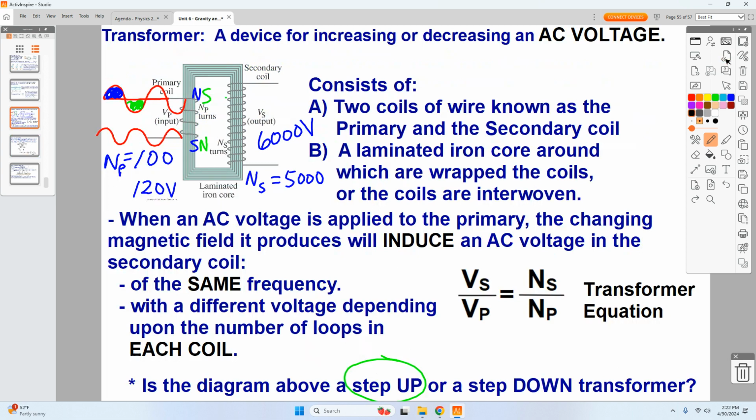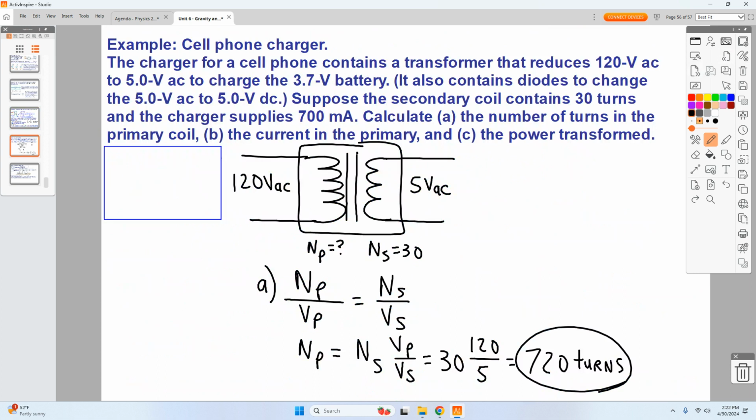Could I rearrange that ratio into 3 or 4 different kinds of things? Yeah. Exactly. So what I did was I chose to write that ratio in a way that made it very convenient for me to solve for the thing I was looking for, N sub p. If you want to go back to that base equation, have at it, but ultimately you're going to take those ratios to determine that value. Are we good? Okay, go ahead, Sophia.